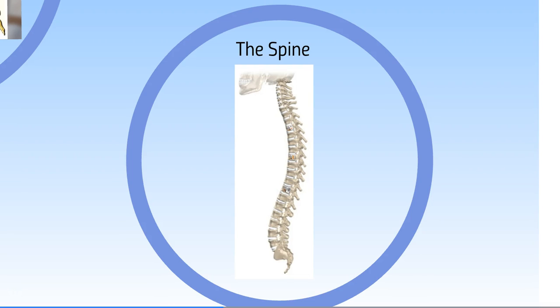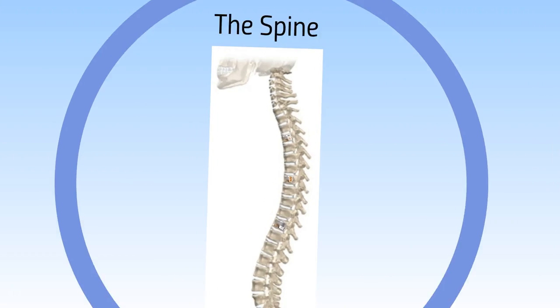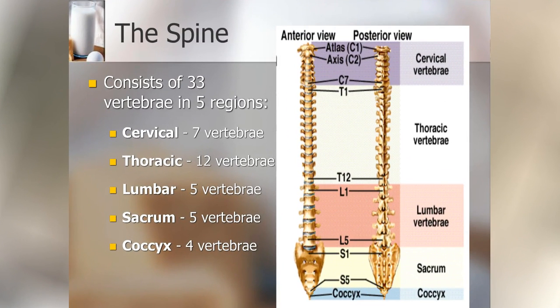So we'll dive in and have a wee look at this. You can see it's obviously not just one long bone series. It's an interconnected number of bones. There are 33 in total, and we see it stretched out on the picture here, that they have their own labels. Cervical at the top, thoracic, lumbar, the sacrum and the coccyx.